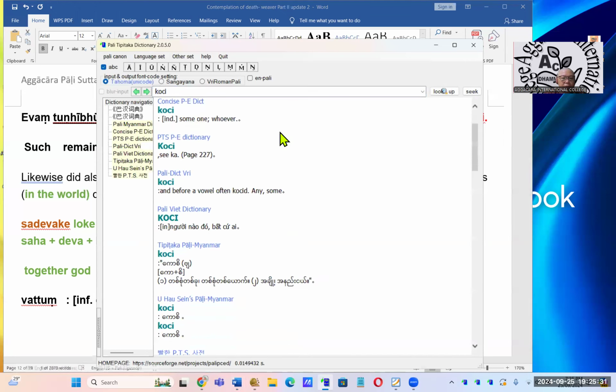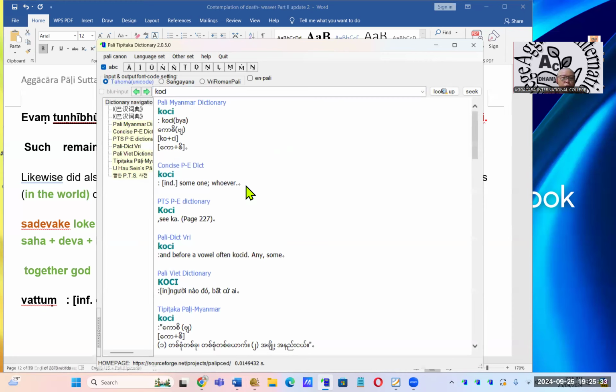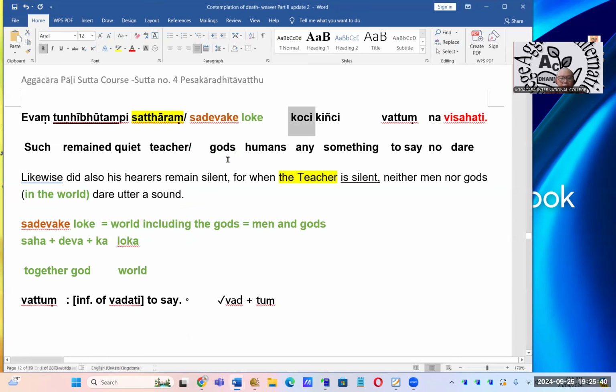Something or somebody, or whoever. So it means nobody. That's why I translate neither the man nor God. Nobody dares to say anything. So direct translation will be any of the gods and humans do not dare to say something. Indirect will be neither man nor gods in the world dare to utter a sound.